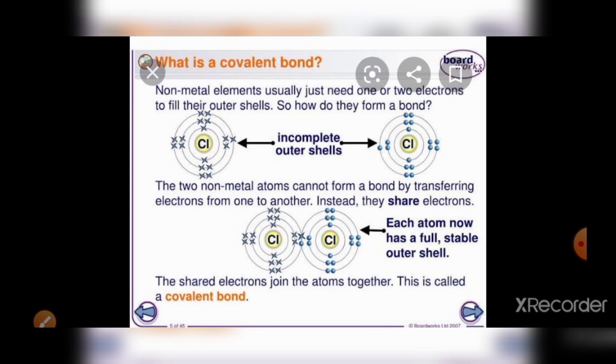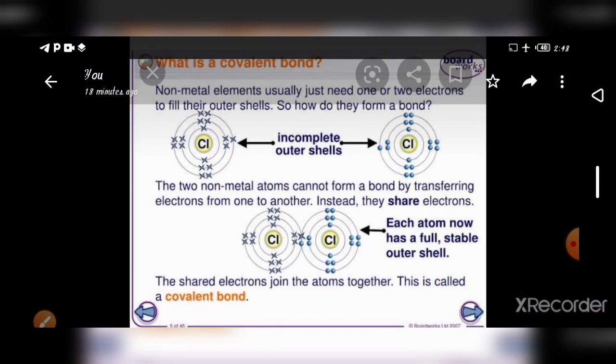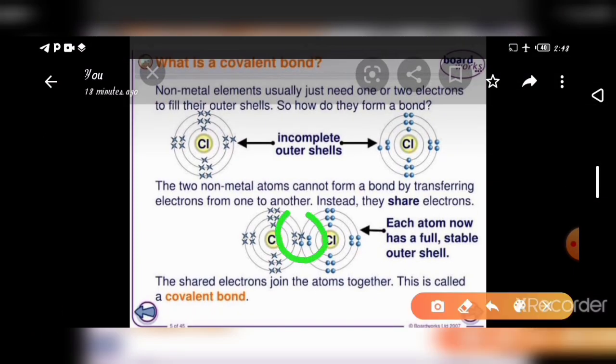Two non-metals, suppose chlorine and chlorine. Chlorine is a non-metal. Two chlorine atoms combine together to form Cl2 by sharing electrons in the outer cell. You put 17 and 17. See, in the outer cell they need 1 electron. That last electron is shared in the outer cell. See here, sharing the electrons in the outer cell.